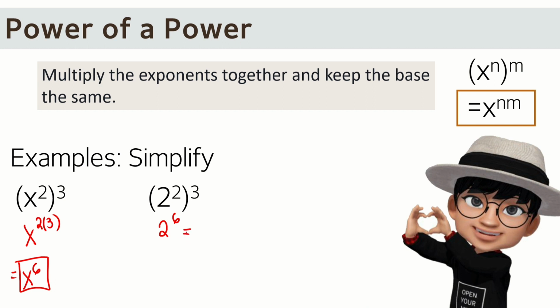And take note, if we evaluate 2 raised to 6, that is 2 times 2, which is 4, times 2 is 8, times 2 is 16, times 2 is 32, and times 2 is 64. So 2 raised to 6 is equal to 64.